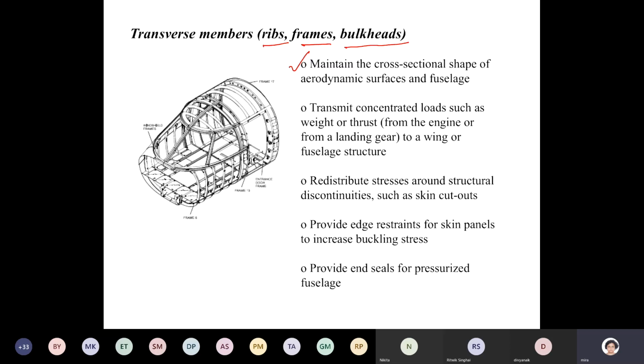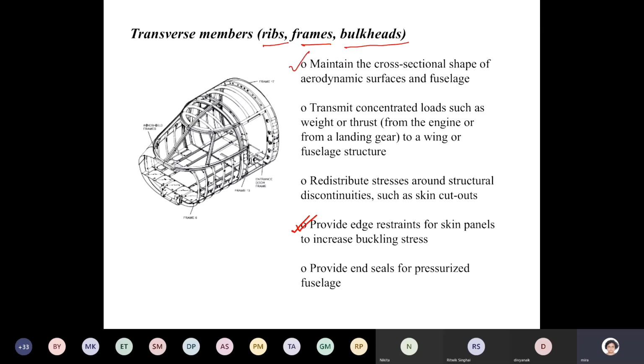You will not be able to appreciate this until we go into the topic of buckling, which will happen at the end of the course. They also provide end cells for a pressurized fuselage, which is not strictly a structural function but a secondary function of the transverse member.